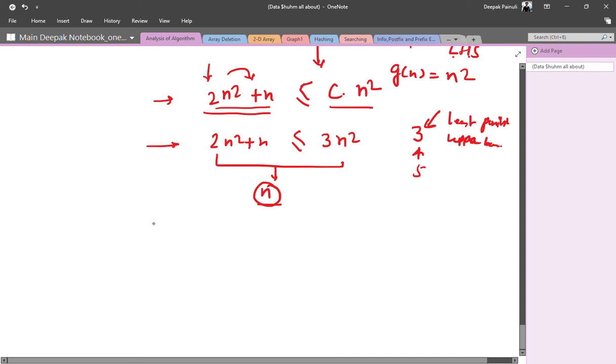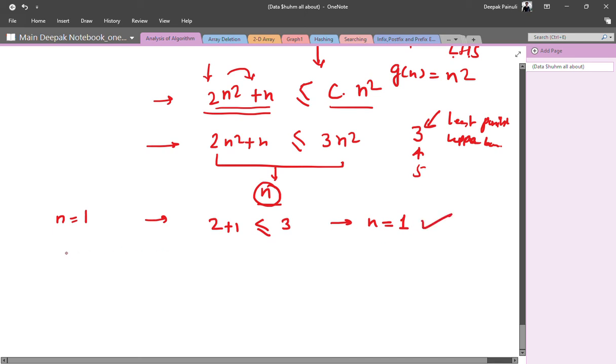So now put in n values one by one. Let's say for n equals 1, it will be 2 plus 1 should be less than or equal to 3. Yes, for n equals 1 it holds true.